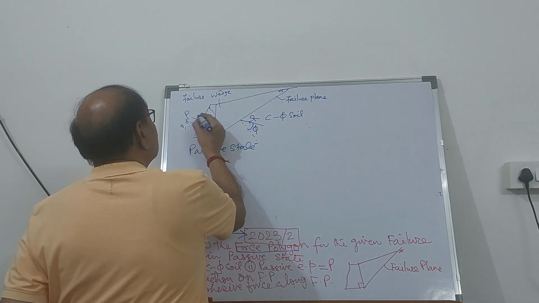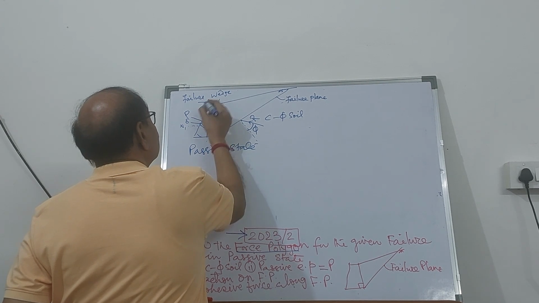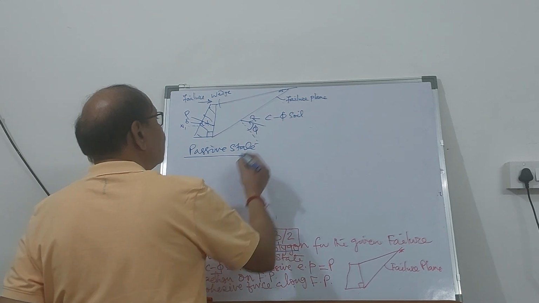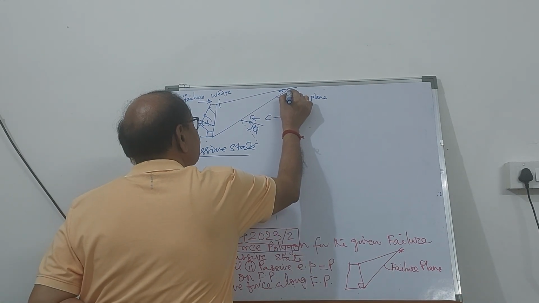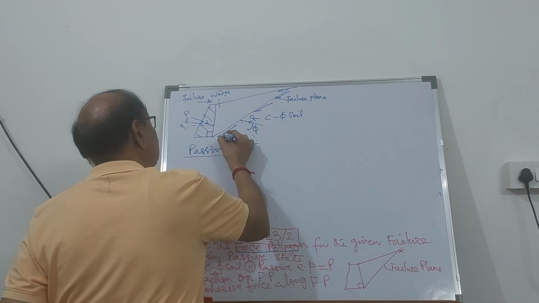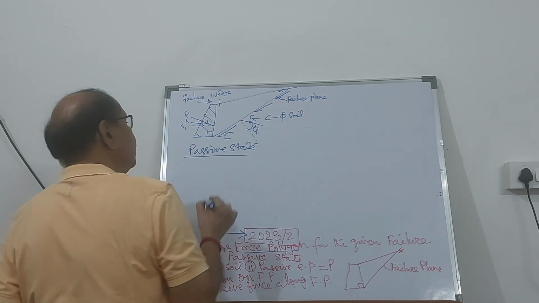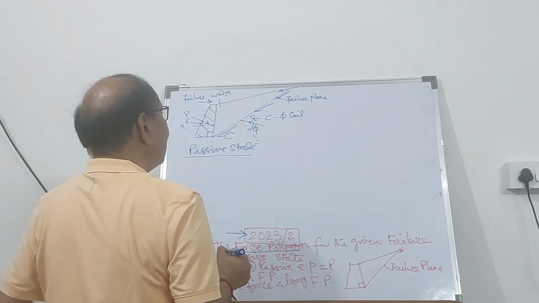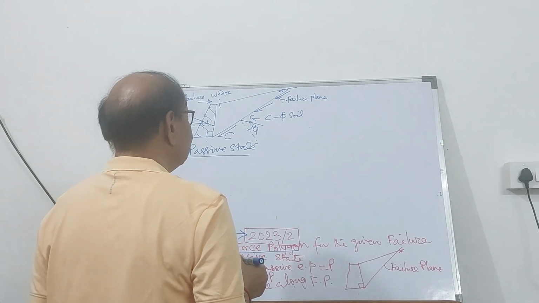So the wall will have a tendency to move towards the backfill in the passive state. Therefore, the force of cohesion, or the cohesive force, will be acting. So this is the cohesive force which is acting opposite to the movement of the wedge.